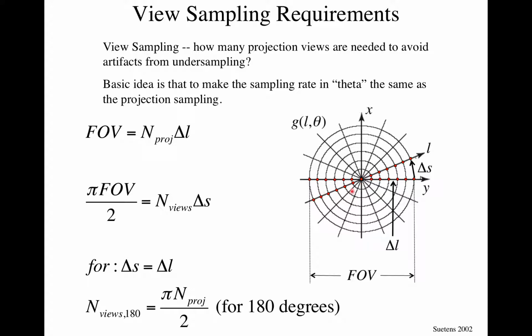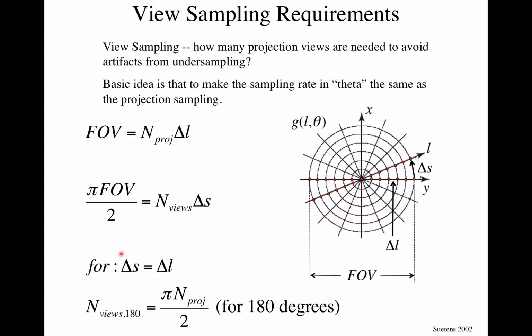Given the field of view, we can compute that distance, and it's associated with pi over 2. Then we have an equation that tells us the relationship between delta S and the number of angles that we've taken.